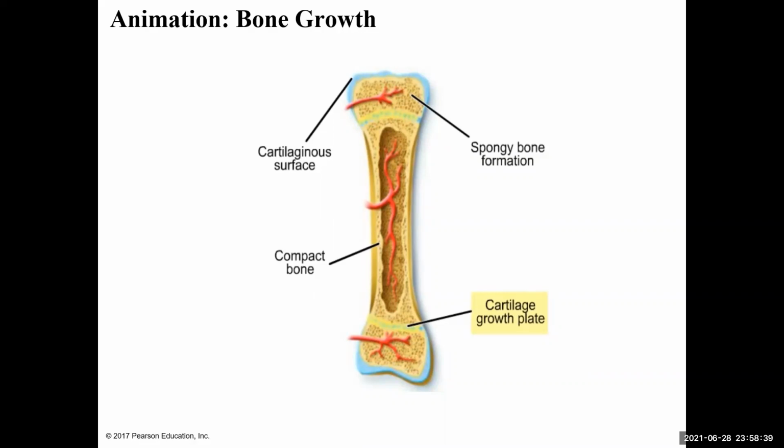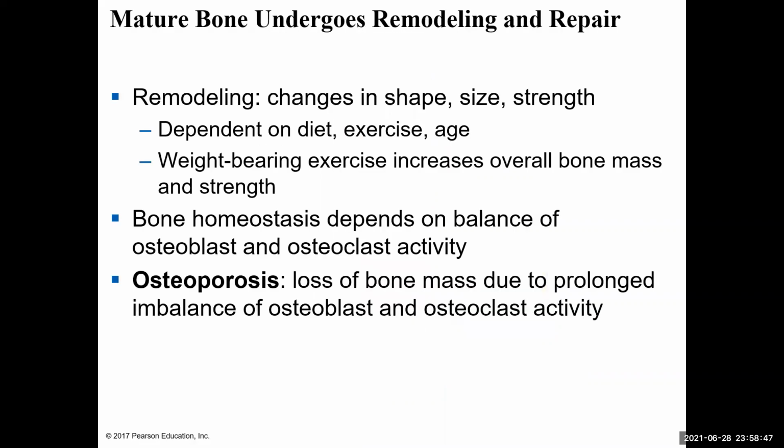So what we're going to look at now is how bones can remodel and repair themselves. Once bones have matured, so once they've finished that growth and development process that we just looked at, the bones can actually remodel and change shape depending on a bunch of different life history strategies that we're doing as individuals.